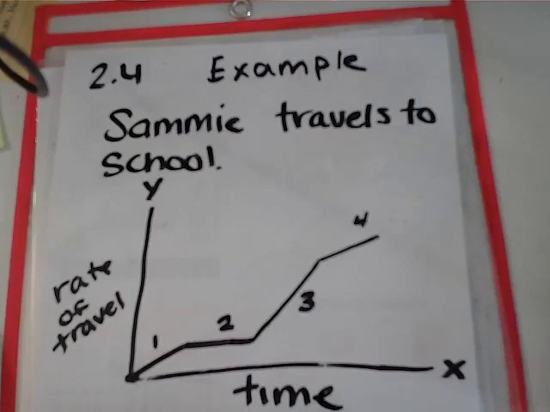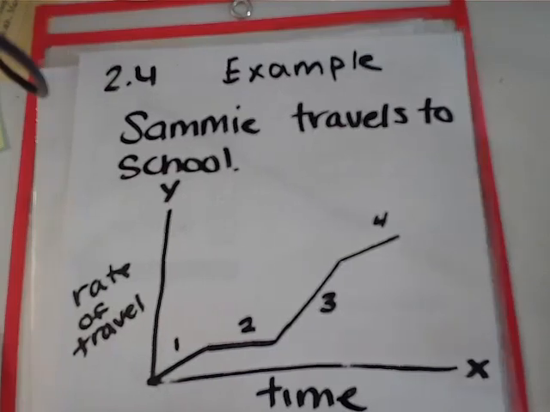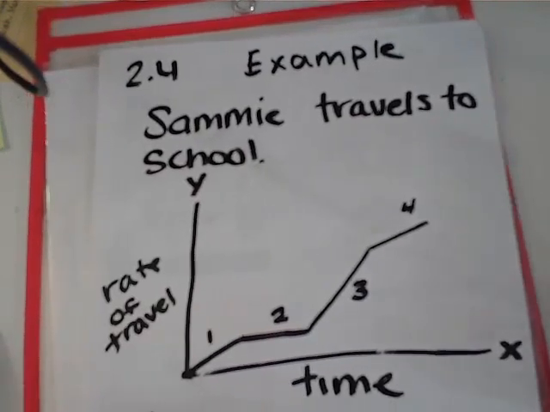When we're waiting for the bus, we are usually staying in one place. The bus might come a little bit early or a little bit late, so we usually try to arrive there a little bit early, and we wait until the bus comes. So what part of this graph represents time that is being spent without traveling?